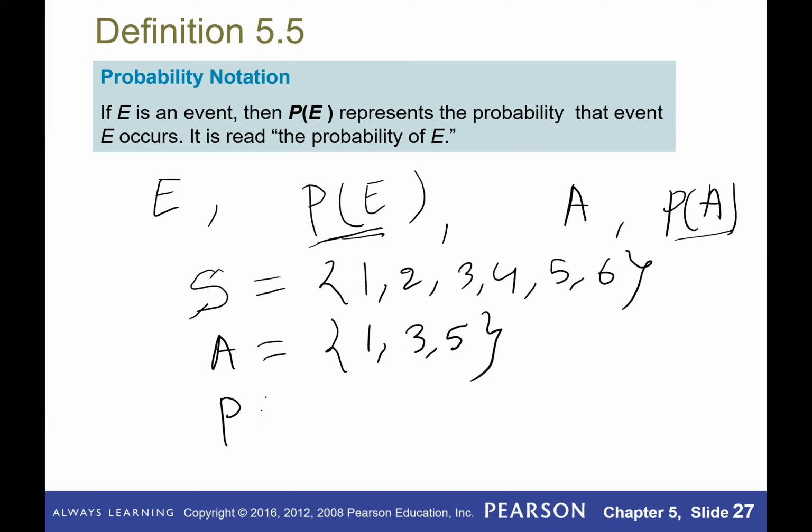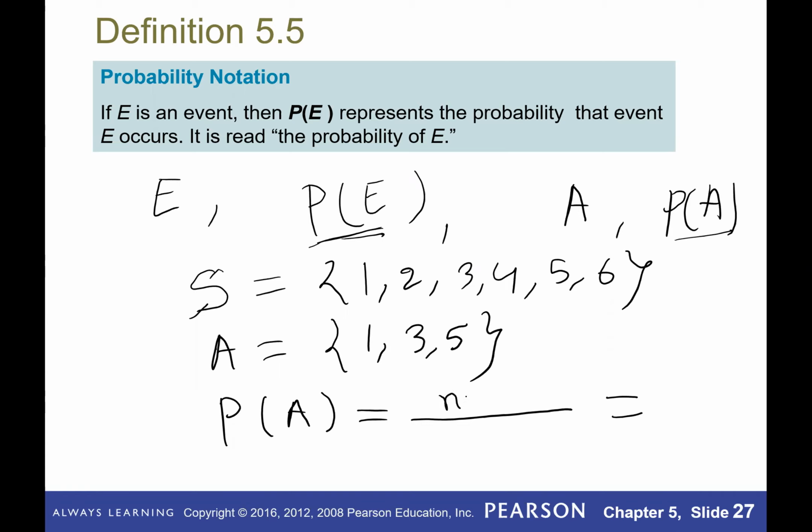1/2. Okay. So do you agree the probability is 1/2? Okay. Yes, 1/2. This is the correct answer. So how do we calculate the probability?